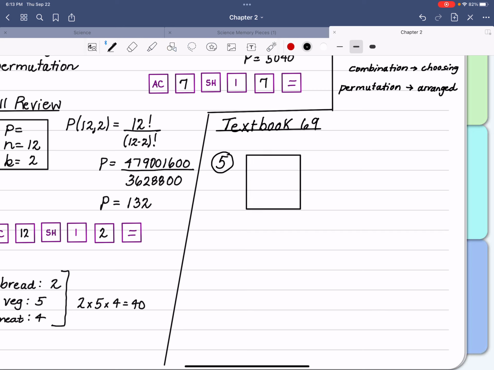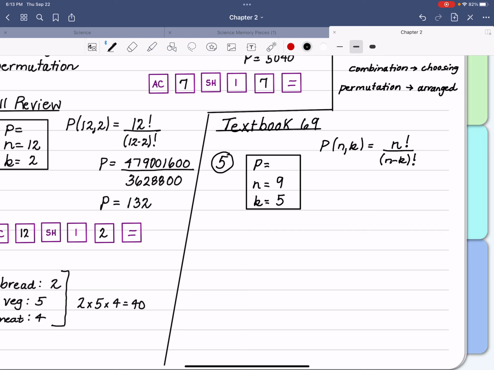It has 3 variables, P, N, and K. N is 9 in this case. There are 9 applicants, and there are 5 positions to be arranged. So the formula is, I have to look back, it's N factorial over N minus K factorial.